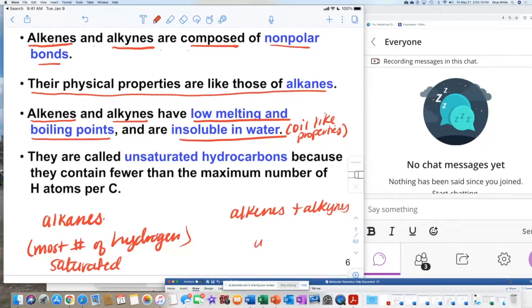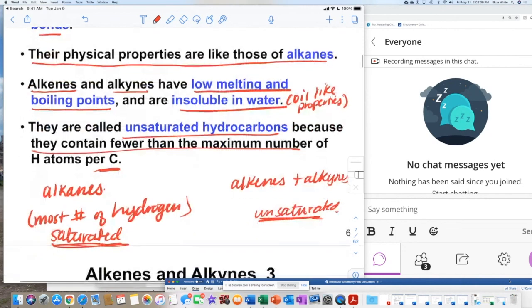So these are called unsaturated. Okay. Unsaturated because they haven't reached that level of maximum. They don't have the most hydrogens possible per carbon. Okay, so less than unsaturated, maximum amount saturated. Okay.